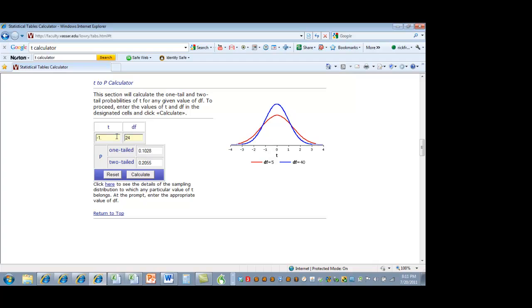Our t-value is negative 1.1266. Of course, I've already forgotten it. Let's just see if it's still there. Okay, I just pasted it in. It is negative. We are doing two-tailed. We'll calculate that, and it's 0.2711. Let's copy that.